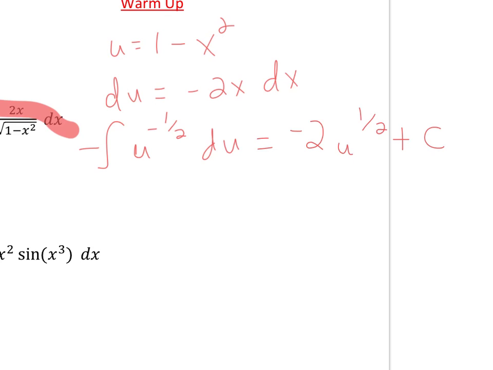So when we back substitute in our u value, this is going to turn into negative 2 times the square root of 1 minus x squared, because we'll take care of that 1/2 power, and then of course plus c.